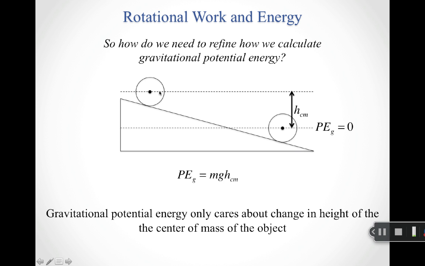Then the height that I care about is just the initial height of the center of mass before I let the ball go. So the only thing gravity cares about is the center of mass when you're calculating your mgh. And so these are just the additional layers that we're going to add in to working conservation of energy problems now with rotational motion.